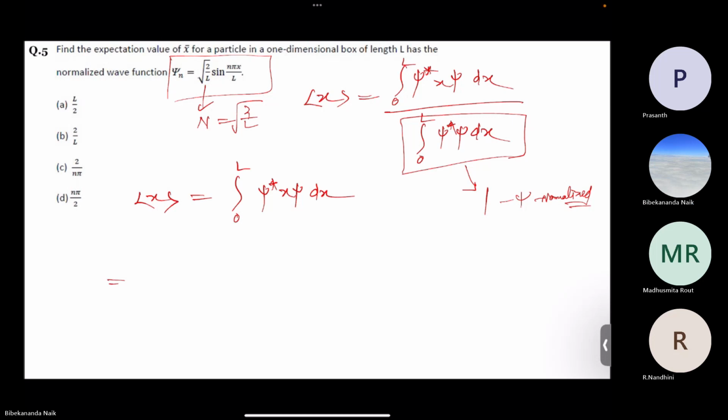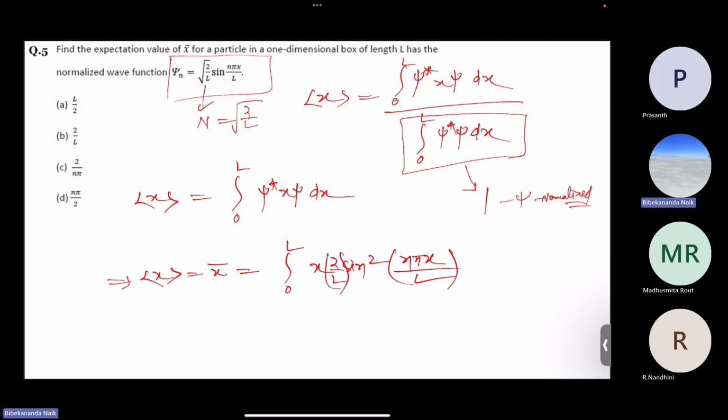So if you calculate x, or we can write it as x bar, which will be the integral from 0 to L of x sine square n pi x by L. Here it will be 2 by L, because the root of 2 by L times root of 2 by L gives 2 by L: x bar equals 2 by L times the integral of x sine square n pi x by L dx.